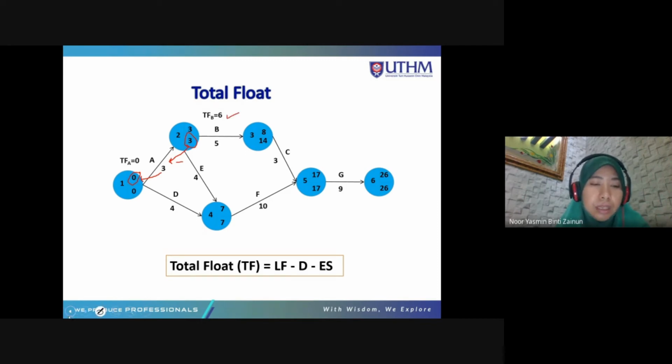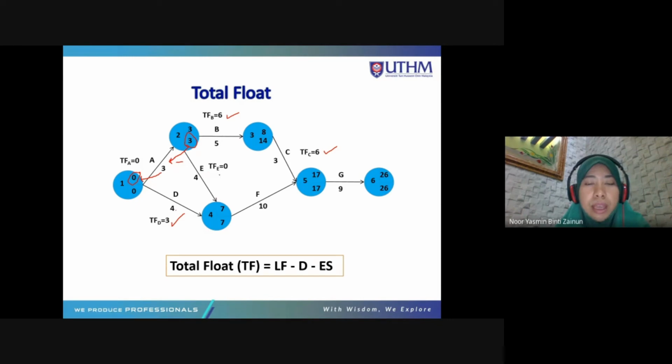For activity C, 17 minus 3 is 14, 14 minus 8 is 6. For activity D, 7 minus 4 is 3, 3 minus 0 is 3.